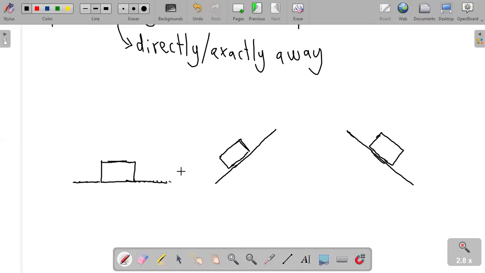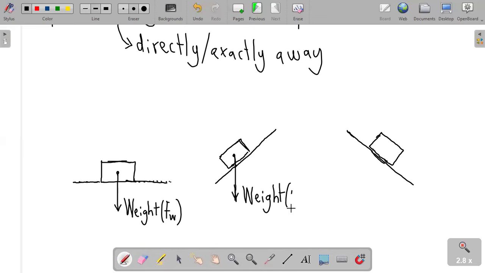So in each case, what's happening? There is the force of gravity, which is acting directly downwards. The weight of the object, or we can say Fw, is acting exactly downwards in all the cases.